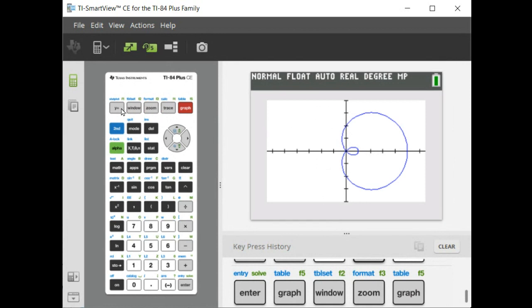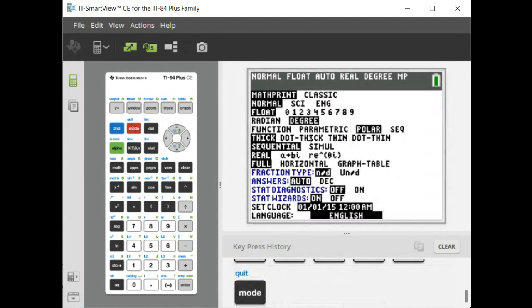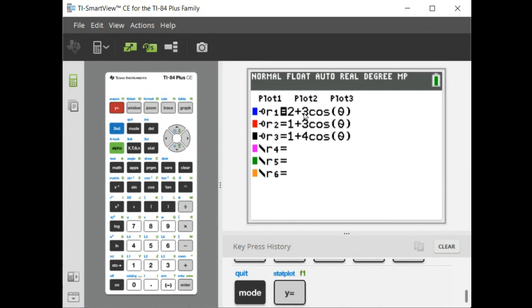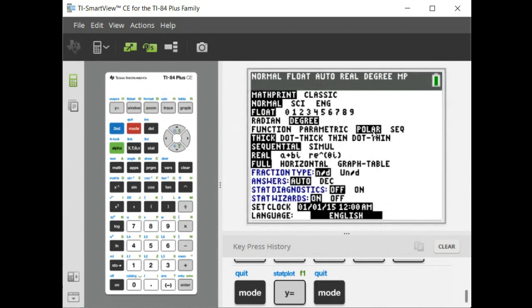Why do I still have an error? Maybe you go to mode and make sure you're in degree and polar. If you still have a problem, go back to y equals and see if you typed in anything wrong. My mode is on degree and polar. Yes, that's right.